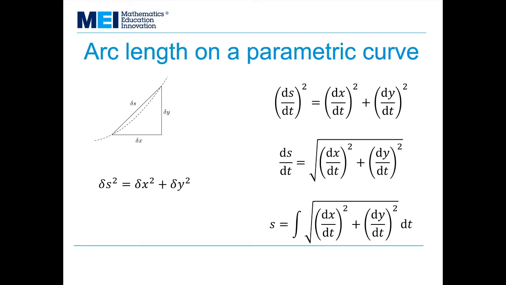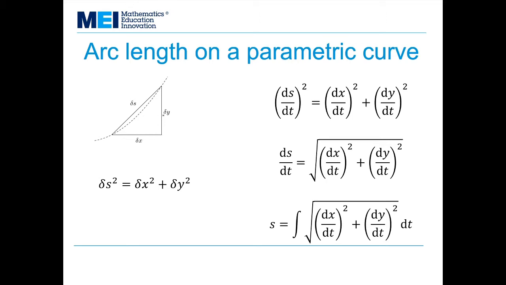actual limit is. So let's start with a curve that's been defined parametrically, and we'll have a short section of the curve joining 2 points here and here, where there's a short change in x, which I'm going to call delta x, and a short change in y, which I'm going to call delta y.